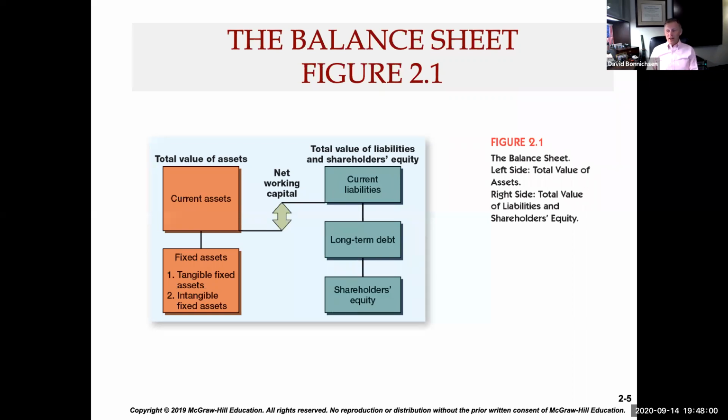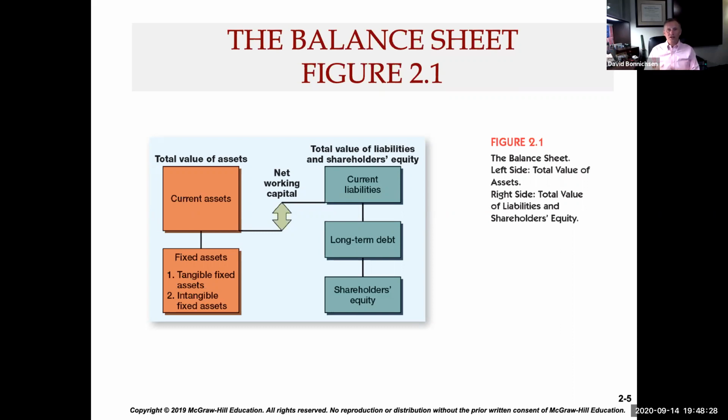Okay, current assets minus current liabilities equals net working capital. If we have positive net working capital, it means that our assets are generating enough money to essentially cover, and then some, the liabilities that we expect to have over the course of the next 12 months, okay?